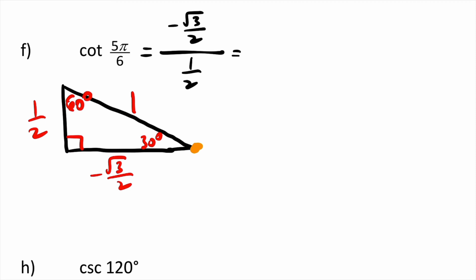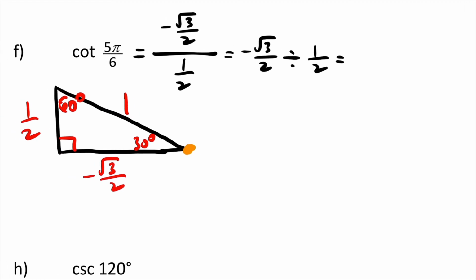We have a division problem. Okay, so let me write out the division. Fraction divided by a fraction. So we have negative square root of 3 over 2 divided by 1/2. We know that's the same thing as keep, change, flip. Okay, multiply straight across.